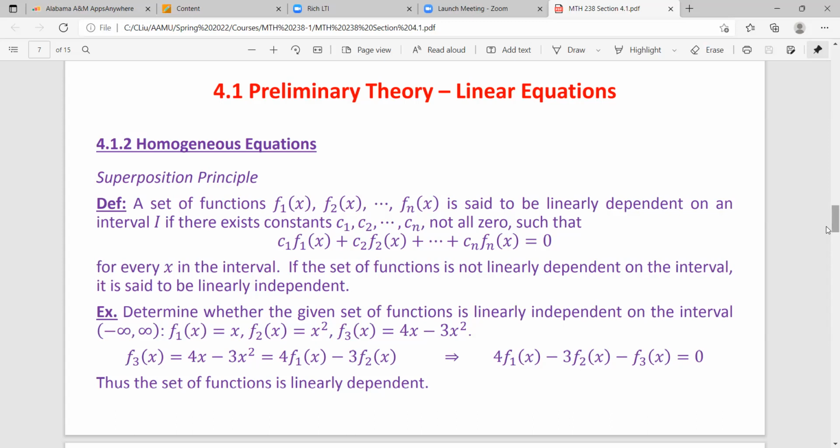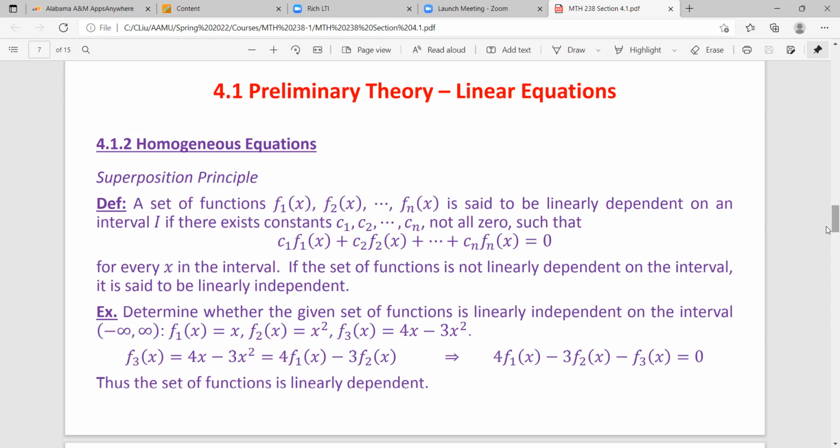Okay, so let's see some simple examples. In this example, we need to determine whether a given set of functions is linearly independent on the interval from negative infinity to positive infinity or not. We have three functions: f1 of x equal to x, f2 of x equal to x squared, and f3 of x equal to 4x minus 3x squared.